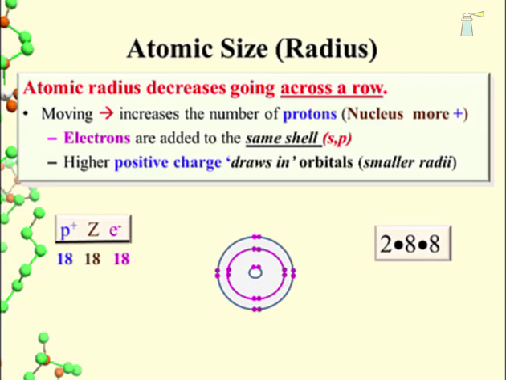They all follow the pattern of decreasing atomic radius when the last electron is added to the same shell.